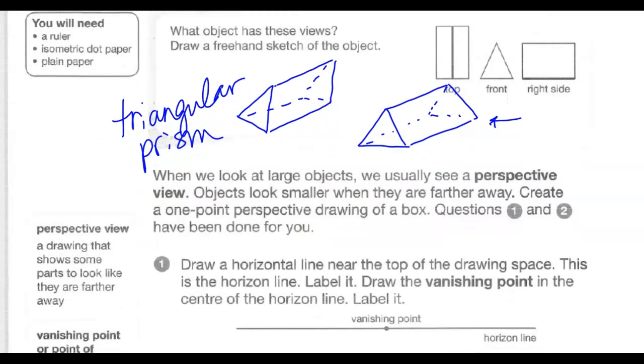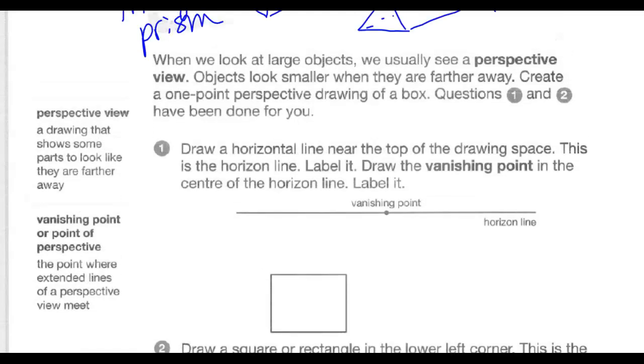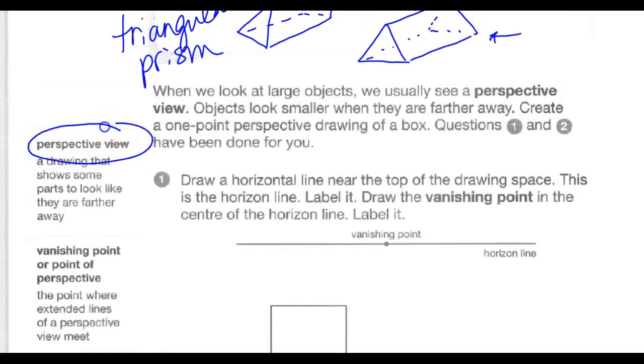Okay, so when we look at large objects, we usually see a perspective view. Objects look smaller when they are farther away. Create a one-point perspective drawing of a box. Questions 1 and 2 have been drawn for you. So take a look over here. It says perspective view, a drawing that shows some parts to look like they are farther away.